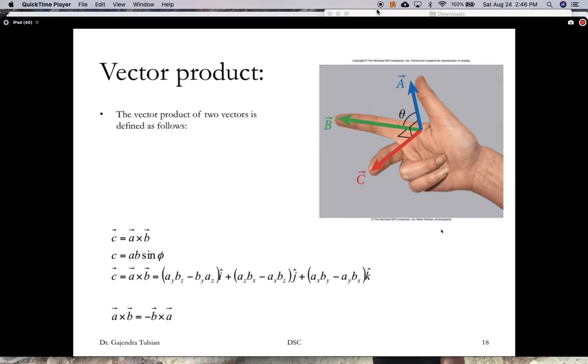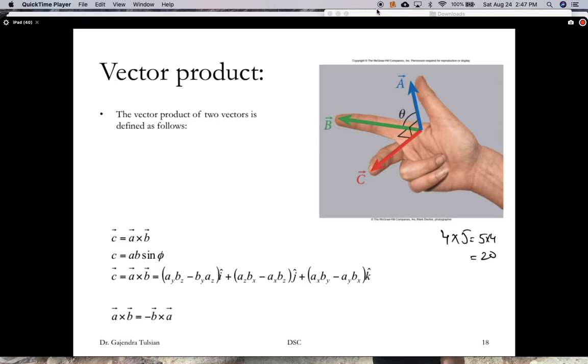And unlike numbers, 4 times 5 is equal to 5 times 4 equal to 20, this cross product is what is called anti-commutative. A cross B is the negative of B cross A. So this obviously is not like scalar multiplication. Two non-collinear vectors will form a plane, and the cross product is perpendicular to that plane.